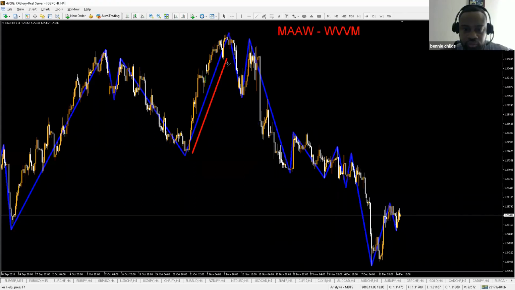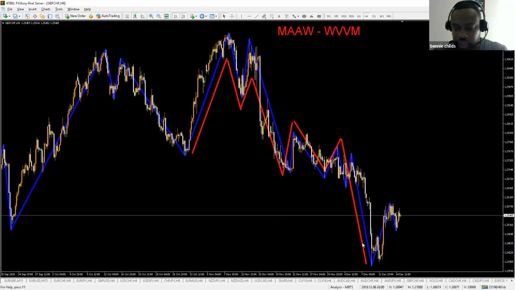M, A. Now I say A, but there's really no upside-right V other than A, but it's just the upside-right V. So A, this A is also the first leg of the W. First leg of the W, first side of the valley.